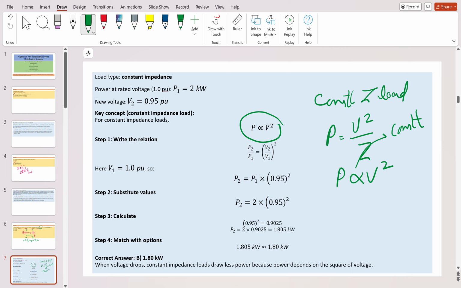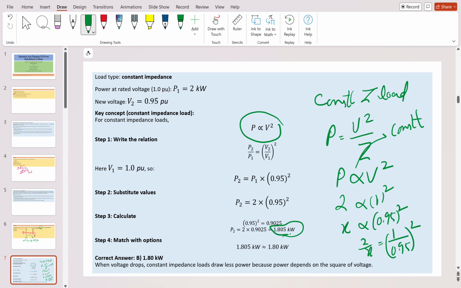The power was 2 when it was 1 pu, and let's consider x when it drops to 0.95. So 2 by x is equal to (1 by 0.95) squared. You can calculate x from here, and it will come out to 1.805.